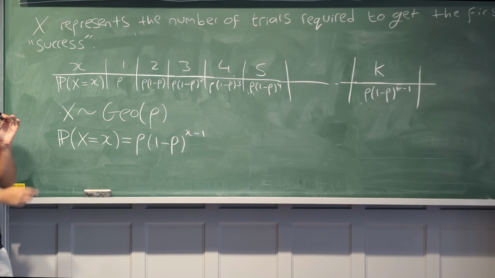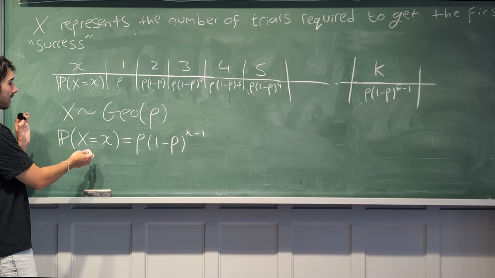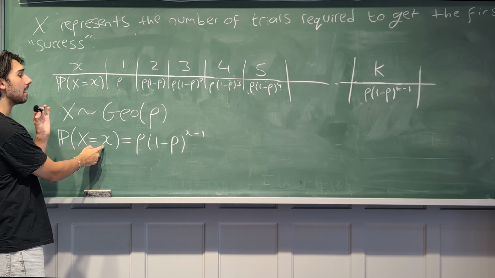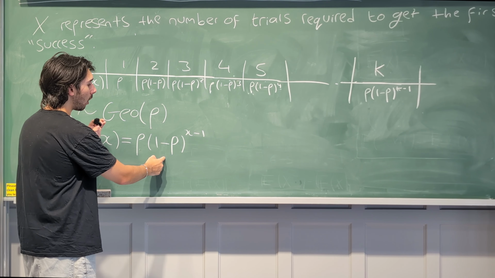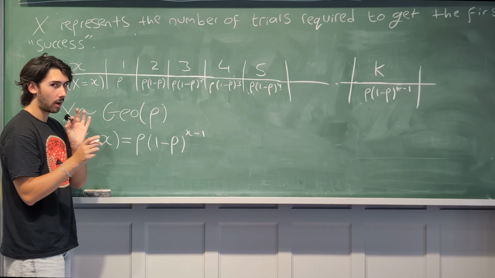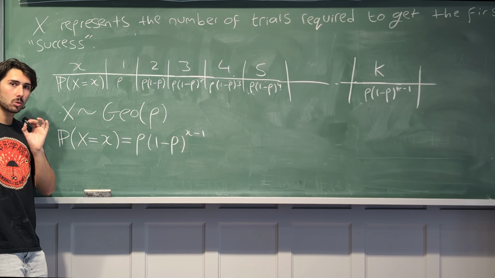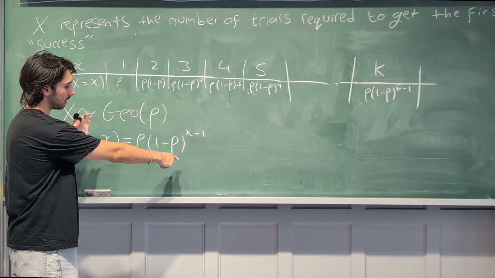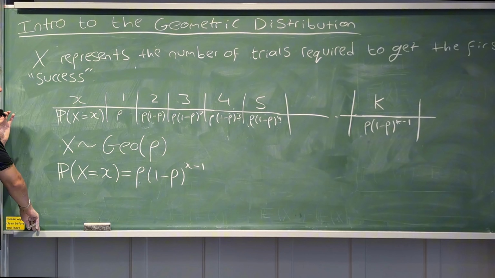Even though it looks slightly complicated, it makes sense, because all we're saying is that the probability that it takes lowercase x attempts before getting your first success is the probability of getting a success times the probability of getting all failures, x minus 1 of them. So you fail x minus 1 times, and then on the xth time, you get the success. That is what this probability is saying. That is the idea behind the geometric distribution.